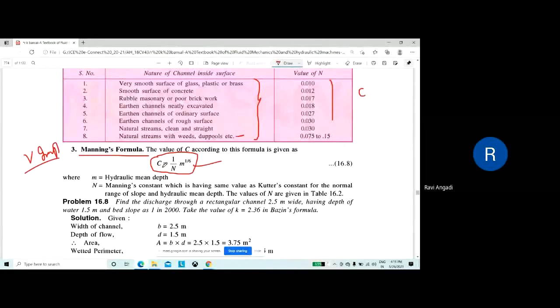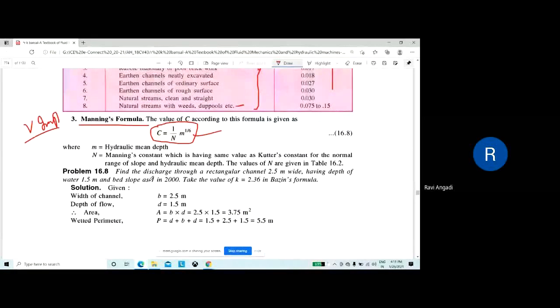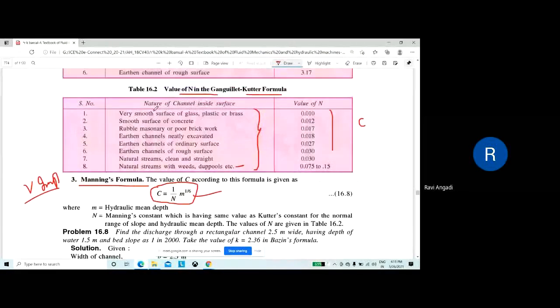And this is called Manning's formula to calculate the value of C. Okay. And Manning's constant, which has the same value as Kutter's constant for the normal range of slope and hydraulic mean depth, the values of n are given in this table. So these are the values of n for Manning's formula also. So I hope you understood these three formulas, all of you.